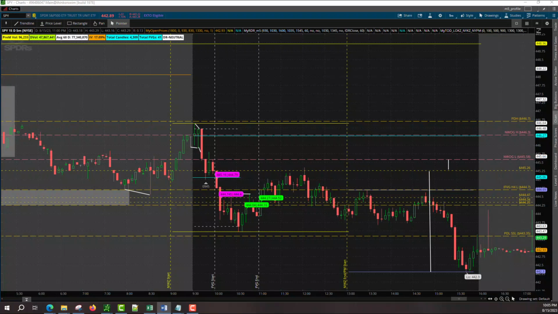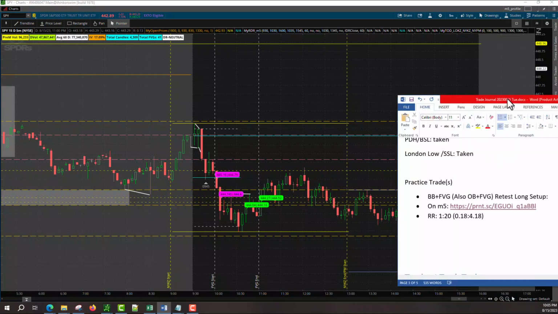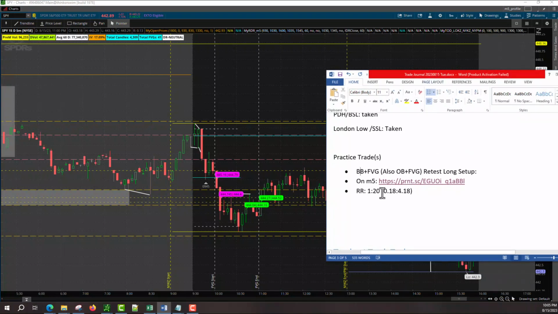So, if we make the first trade, then we still have a second 10 trade there.